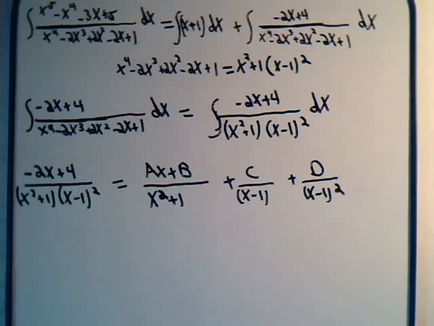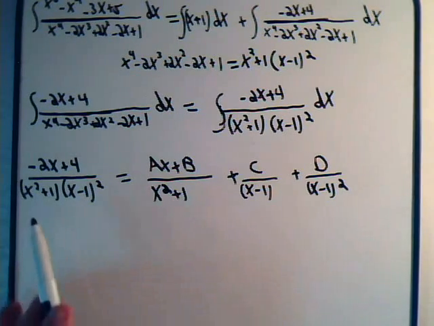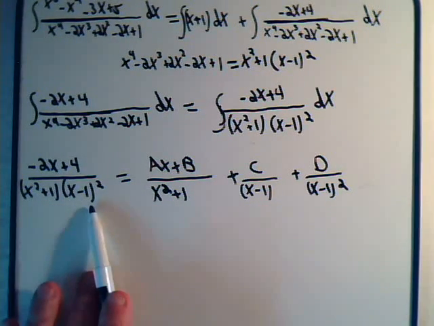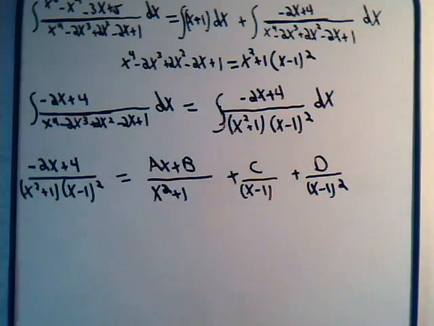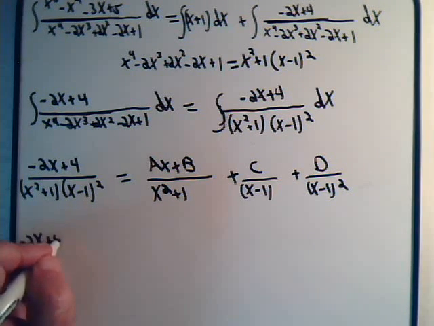So now we have to multiply both sides of the equation by this denominator, and then set it equal to that. Let's see if we can get it set up in this video anyway.